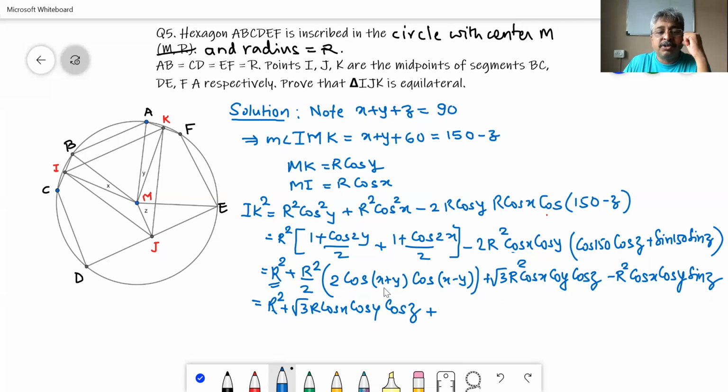That can be done by substituting 90 minus z over here, which makes it sin z, and 2 gets cancelled. So R square sin z inside the bracket, you have the expansion of cos (x minus y), which is cos x cos y plus sin x sin y.